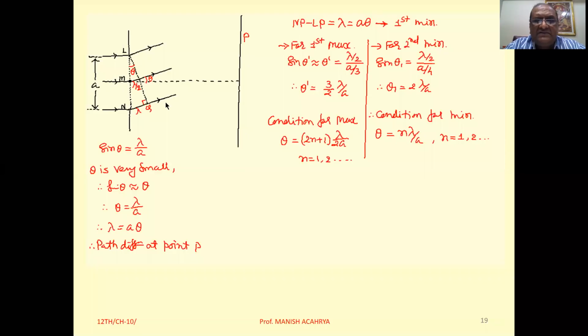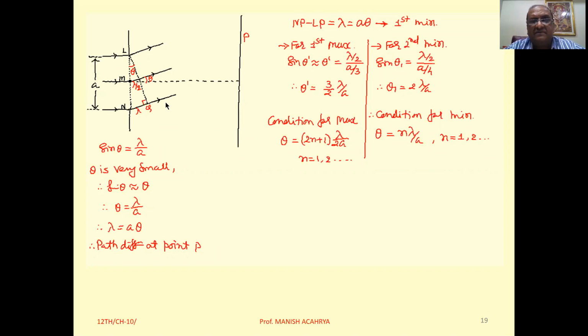Now on either side of first minima, there is the maxima, which is first maxima. Okay, now for first maxima we can give the explanation like this. Some waves are diffracted at such angle theta dash so that the slit behaves like divided in 3 parts.